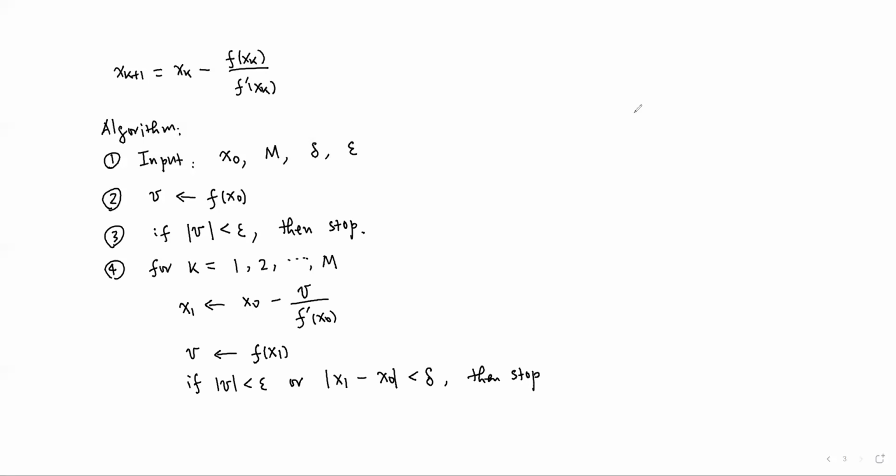Now, store x1 in x0, then repeat this, this, and also this, these 3 steps. Okay, then put an end, and this end, and then the root. Yeah, this is an algorithm to implement Newton's method. All right.